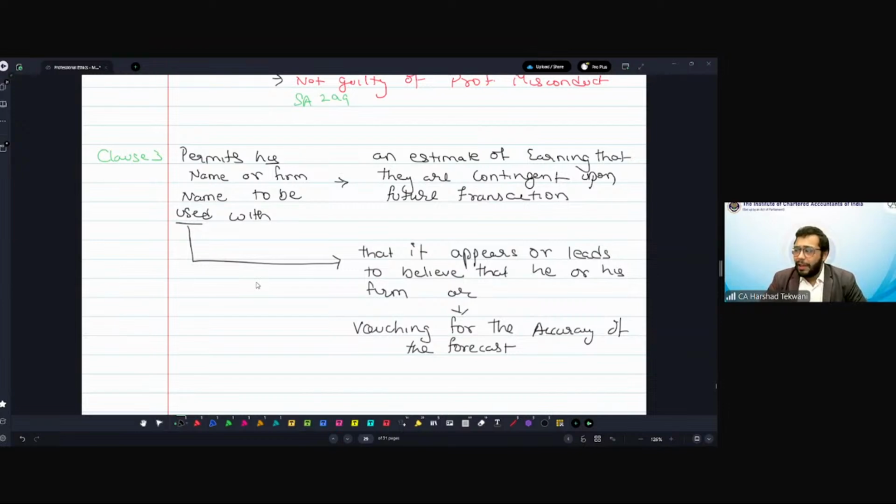Now, if a member in practice permits his name to be used with that report or prospective P&L or balance sheet in such a way that it appears that he is vouching for the accuracy of the forecast, meaning he is certifying that the company is going to earn this much profit in future years, in that case, he will be held guilty of professional misconduct.